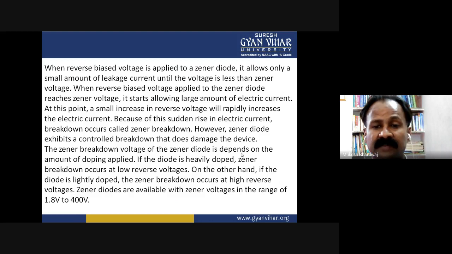If the diode is heavily doped, Zener breakdown occurs at low reverse voltage. On the other hand, if the diode is lightly doped, Zener breakdown occurs at high reverse voltage. So Zener diodes are available with Zener voltage in the range of 1.8 volts to 400 volts. A big range is provided depending upon the uses.